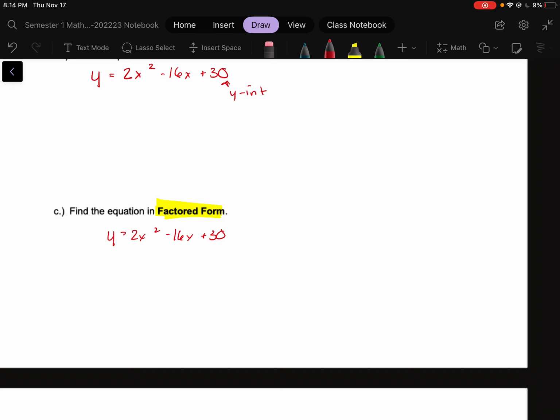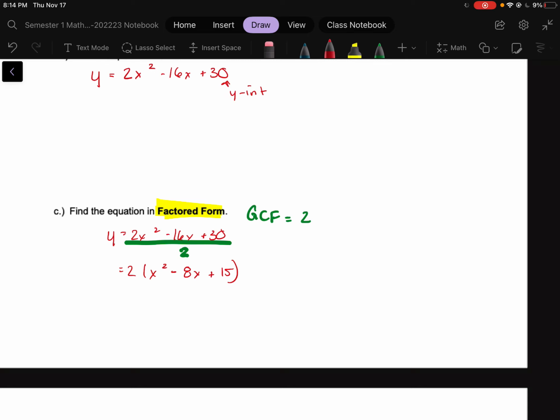What we need to do is find our greatest common factor. If we look at all 3 terms, the greatest common factor is going to be 2. So we're going to divide all of this by 2, and we'll be left with x to the power of 2 minus 8x plus 15.